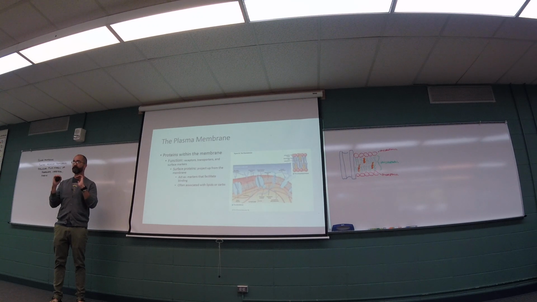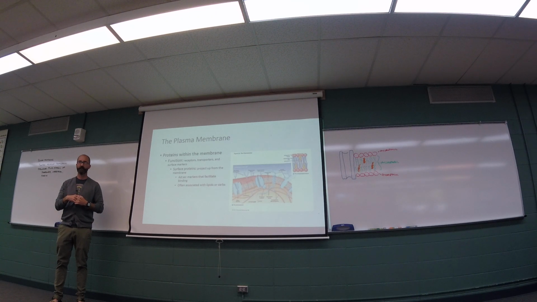Interestingly, these proteins, which are large and somewhat complex, can have functional groups that are either carbohydrate or lipid. So there's this network of goo that exists between cells. It's called the intercellular matrix. And it consists of long strands of proteins connected to long strands of carbohydrates and lipids.